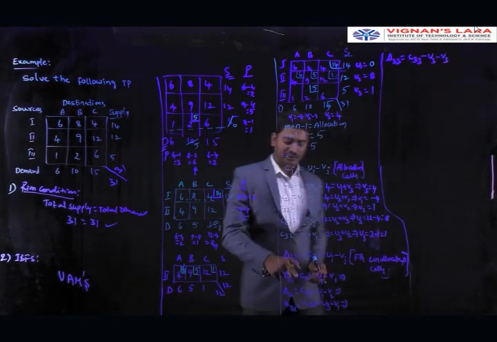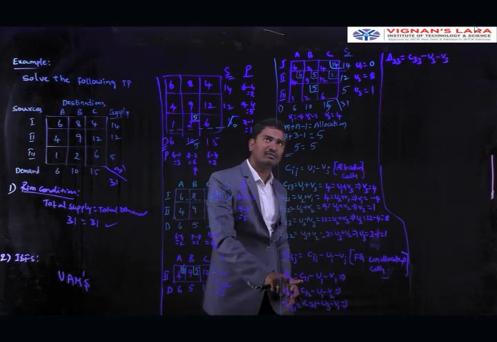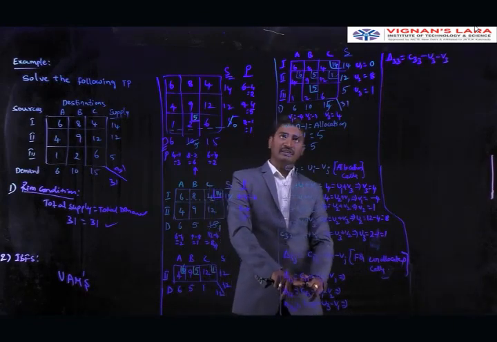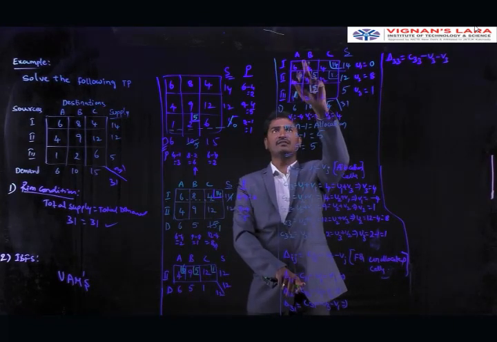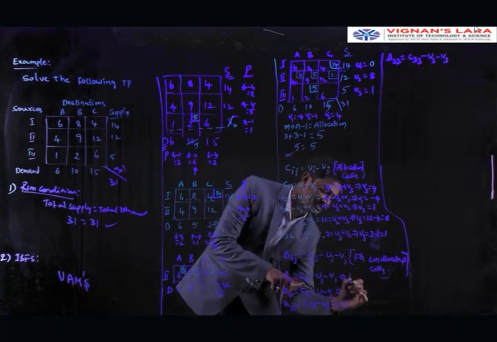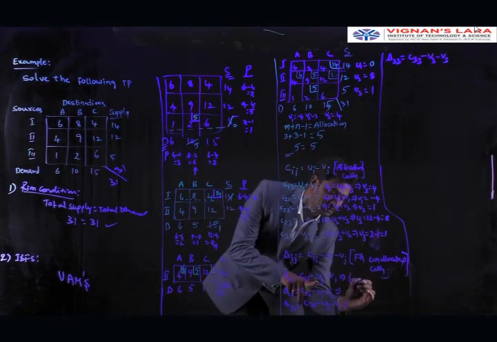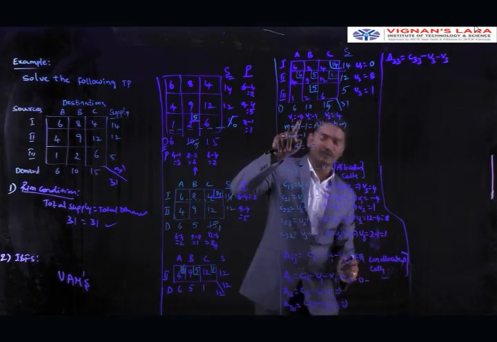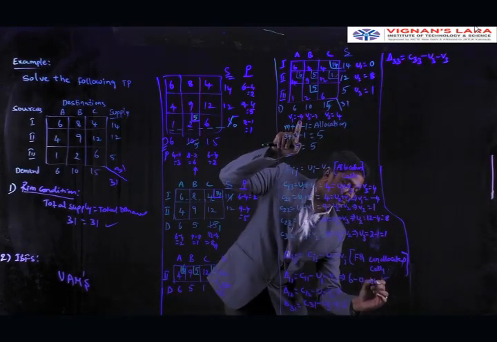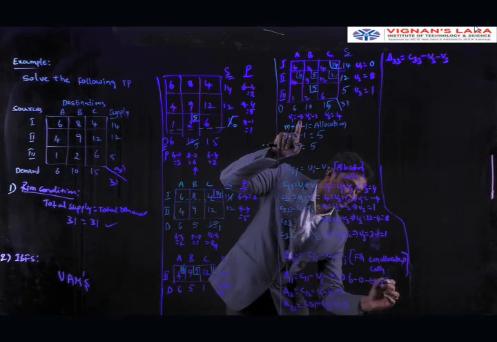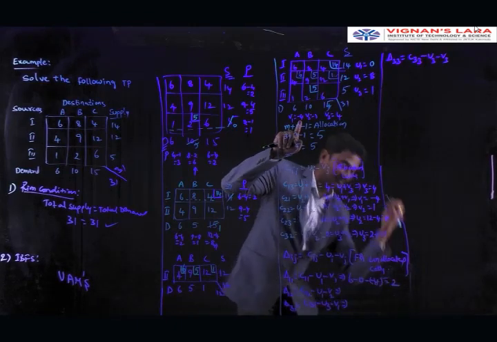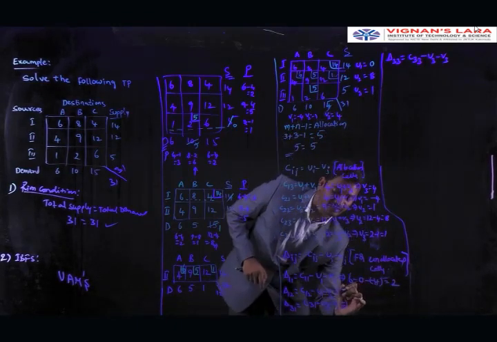Okay. Next, coming to the first equation, here what is the C11 value? C11 value is 6. 6 minus, what is the U1 value? U1 is equal to 0 minus V1. What is the V1 value? Minus of minus 4. From this, we will obtain delta 11 is 2. Next, coming to the second equation, C12.